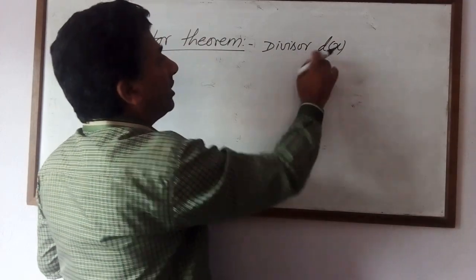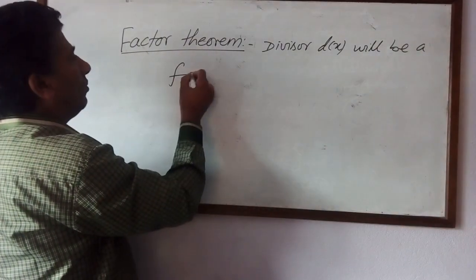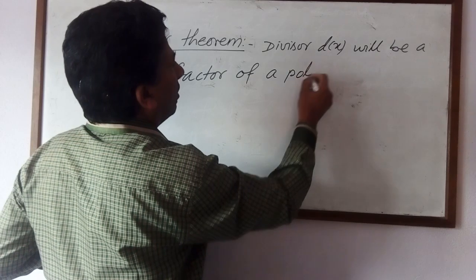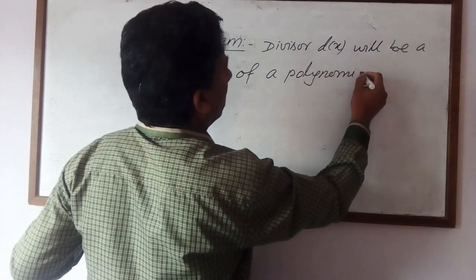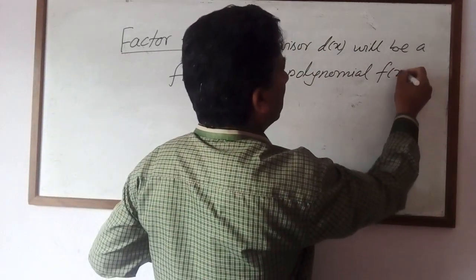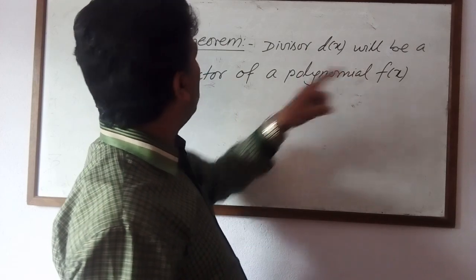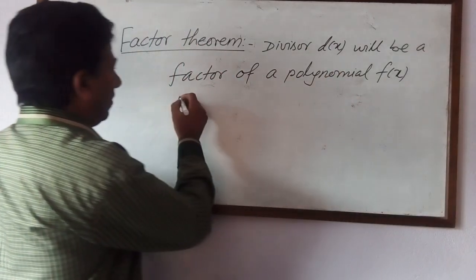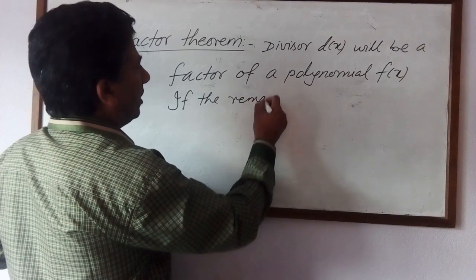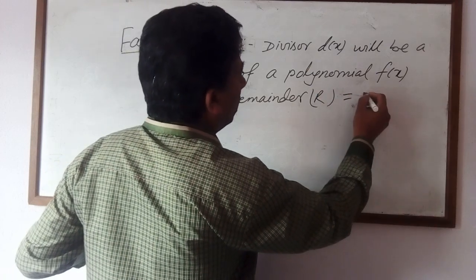Divisor dx will be a factor of a polynomial fx if, this is the important required condition, if the remainder r is equal to 0.